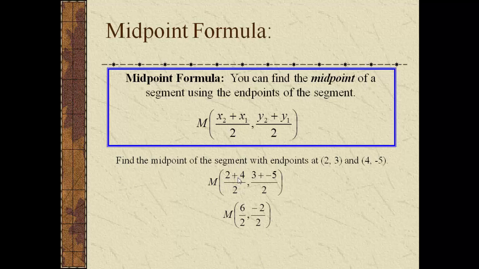We add 2 plus 4 to get 6, and we still have the 2 on the bottom. Then we add our y's together to get -2, and we still have 2 on the bottom. Our final step will be to divide each of those by 2. So our midpoint is (3, -1). Remember that a midpoint will cut a line segment exactly in half.